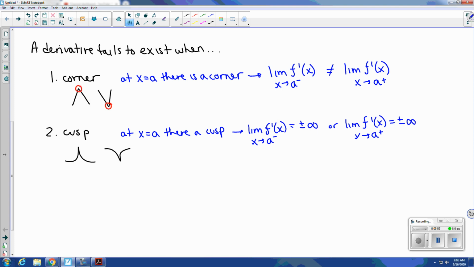Okay? And so essentially these are approaching a complete vertical line, and because of that, vertical lines we know have undefined slopes. So if we can't define the slope, we can't define a derivative. So that's your reasoning for the cusp.